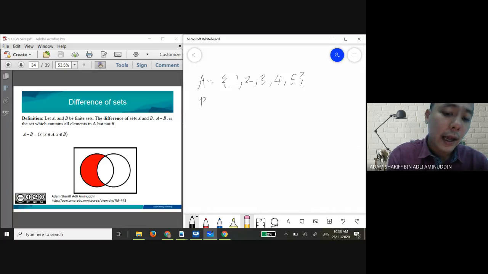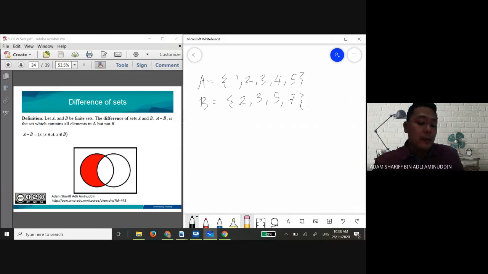And B, let it be prime numbers. Tak cukup. Boleh lah. 2, 3, 5, 7. Okay, A contains 1, 2, 3, 4, 5 and B contains prime numbers until 7.